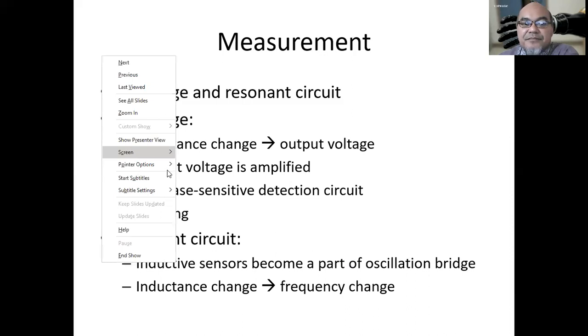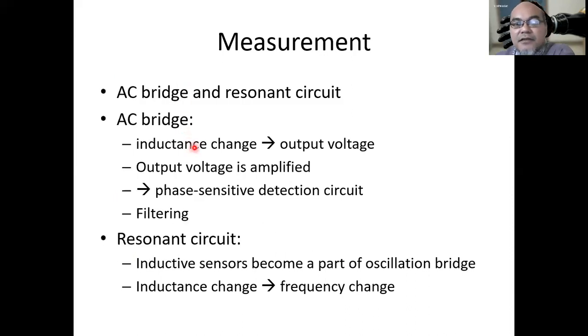In the AC bridge, the inductance change is converted into output voltage. The output voltage is further amplified, and then we use a phase-sensitive detection circuit to detect the phase, and then we can do further filtering.